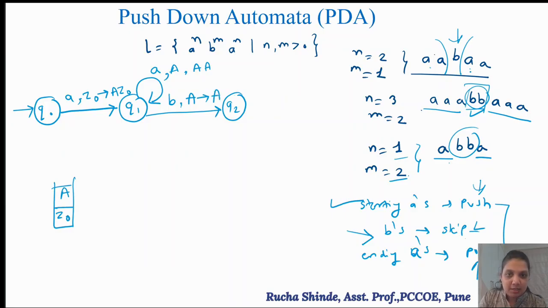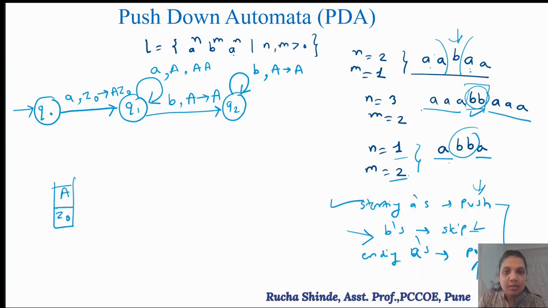So this A will remain as it is. After reading this first b, later on we can have any number of b's, so we will have a closure on b. Again, we assume the top of the stack is A, and that A will remain unchanged. It means we are performing a skip operation.